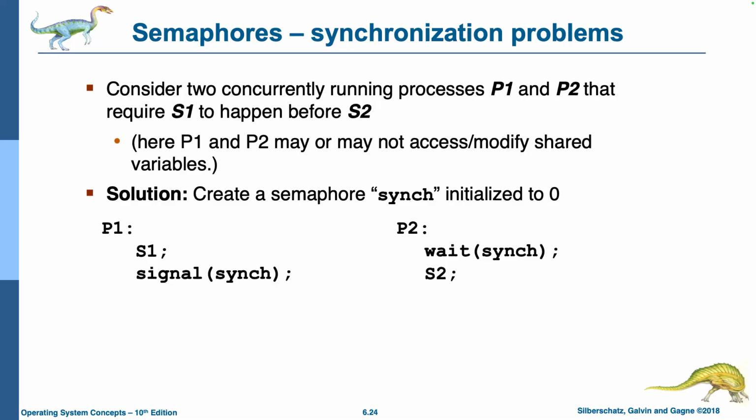Remember the quiz question? It's not 2, it's 3. I can give you S1, S2, S3, and P1, P2, P3 must happen in sequence. So we can have multiple semaphores.